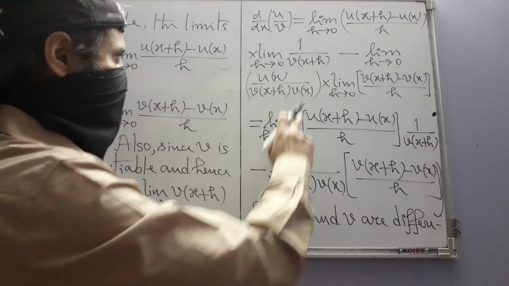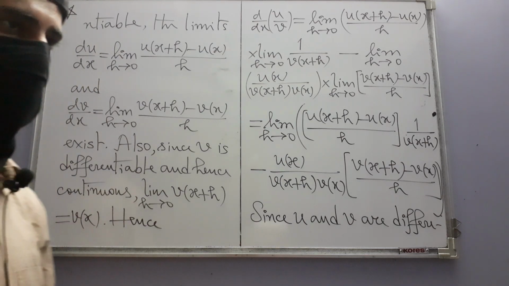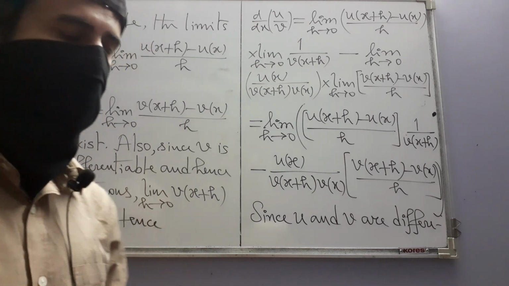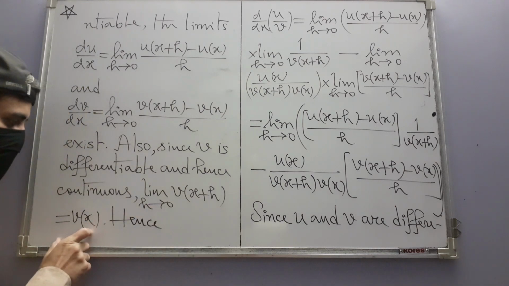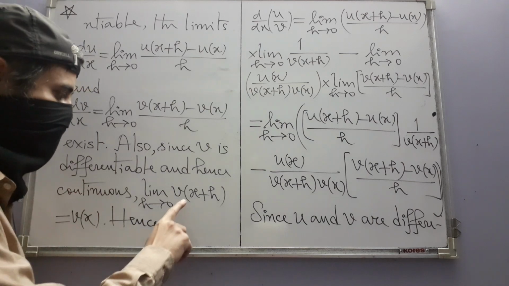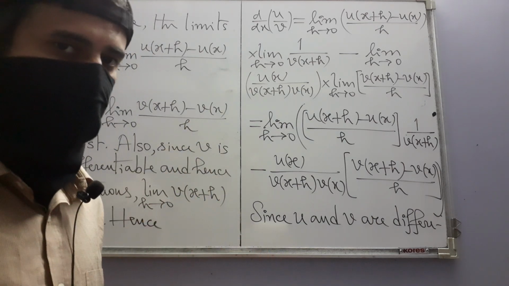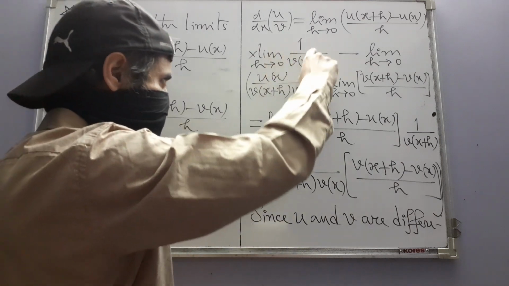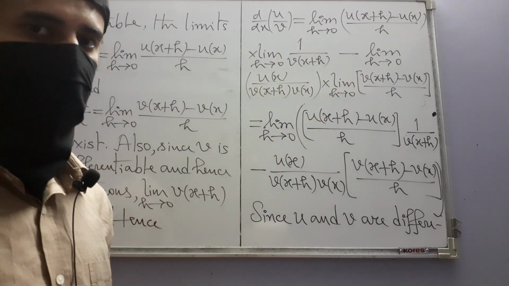That's why using the limit laws, do you remember which of the limit laws we are using here? See, this is given and v is never 0, and that's why by the quotient rule of the limit laws, this limit also exists and will be equal to 1 divided by v of x.